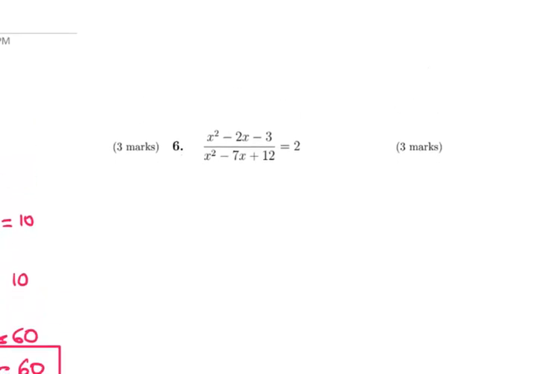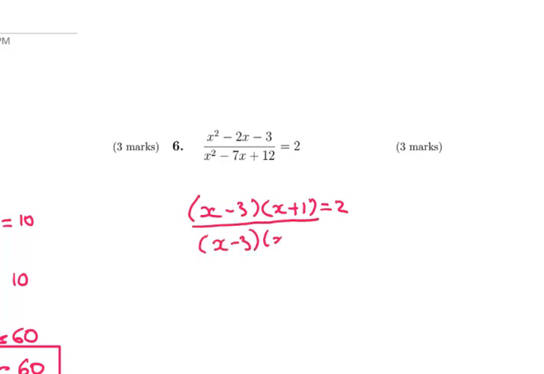Right, now let's look at this next one. We've got a quadratic in both the numerator and the denominator, so we can start off by factorising. Factorising these two is not too bad. So x minus 3 times x plus 1 divided by x minus 3 times x minus 4 here.